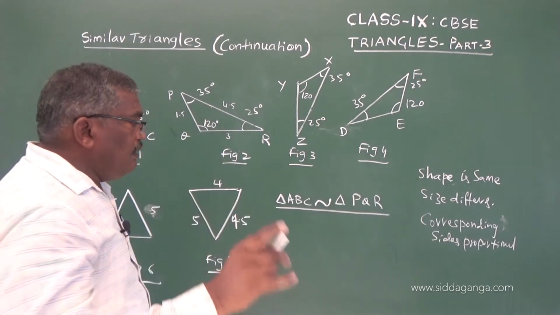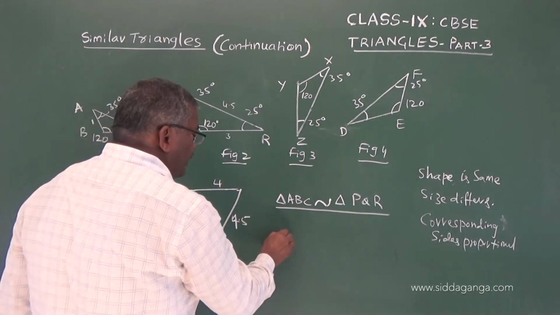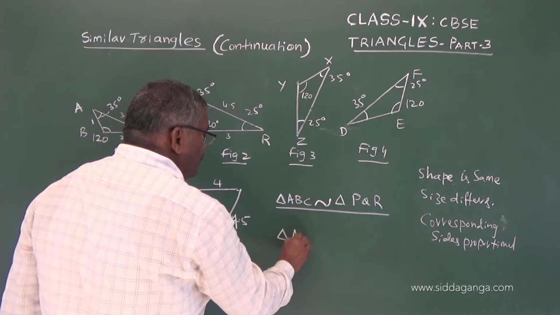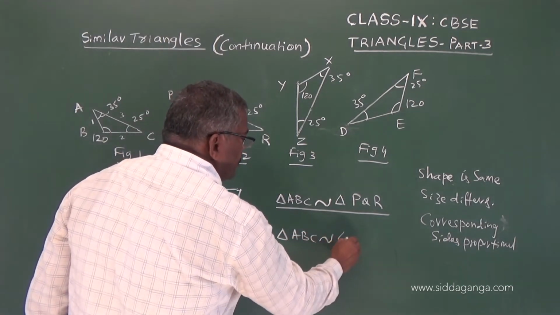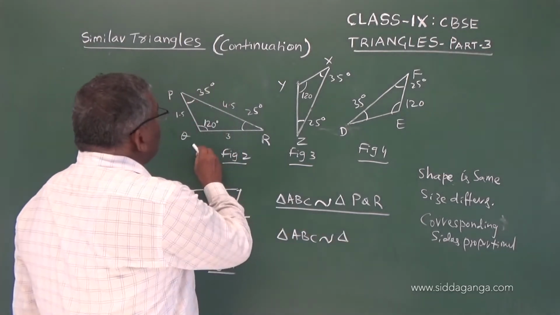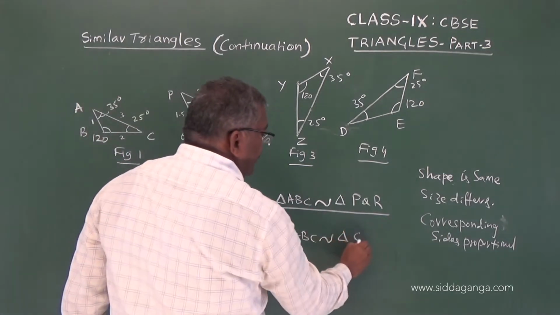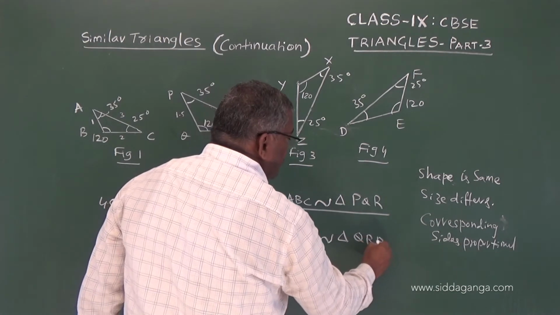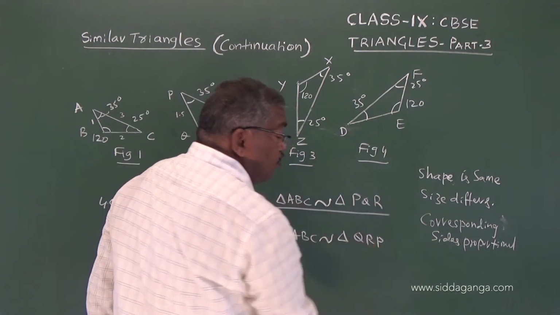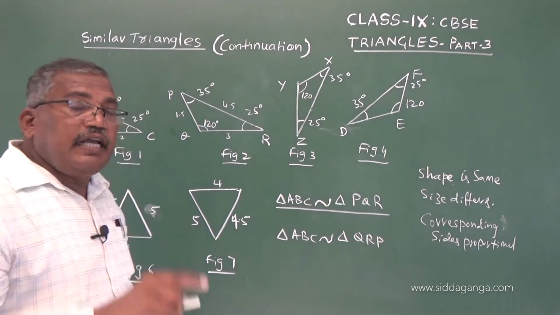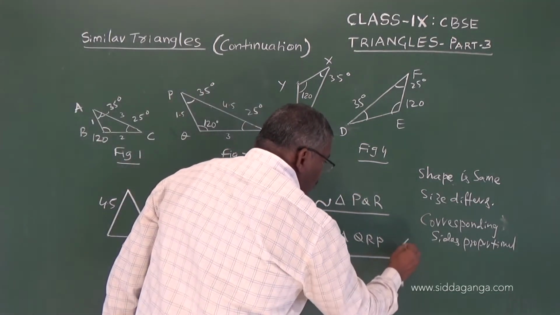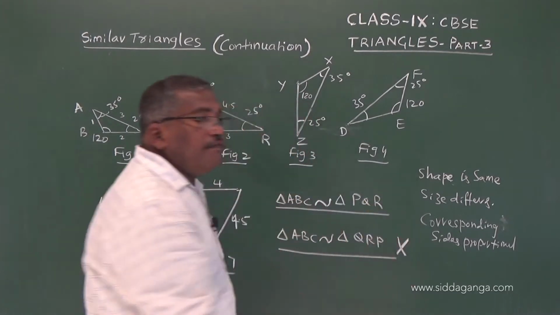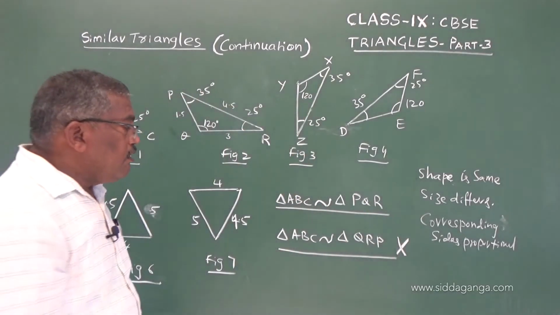Even then, remember, if you write triangle ABC similar to triangle, let us say, QRP, PQR and QRP, though it is the same triangle, the representation this way is wrong. This is not the way of representation. Why is it wrong?